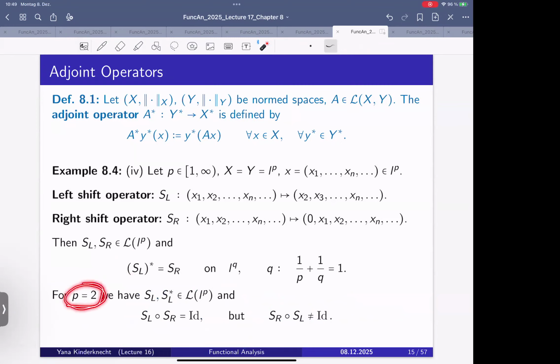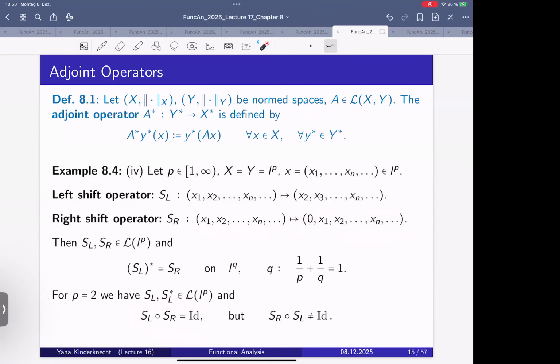For the case p equal to 2, q is equal to p, so all these objects live in the same space. We see that the composition, first right shift and then left shift, leads to the identity operator. We take this vector, first right shift, and then left shift, so everything goes to the left and the first is killed. This is the identity.